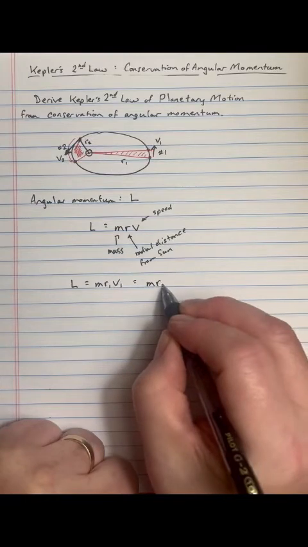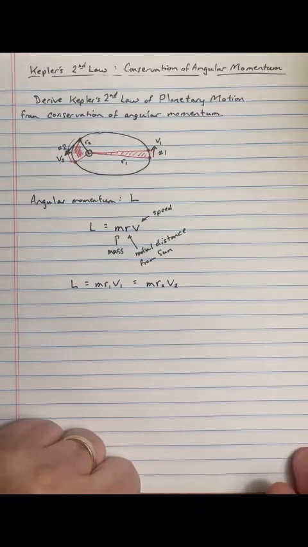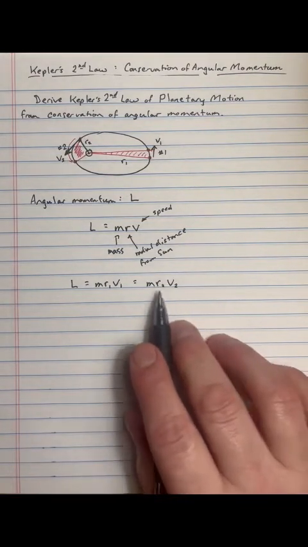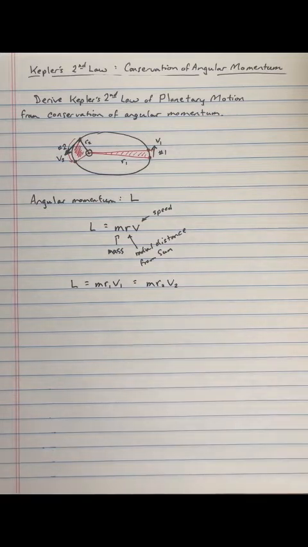And it turns out that this is kind of an interesting idea. The total, now not the individual parts, because r's and v's are changing constantly as an object is orbiting the sun, but the totals are the same. This idea is called conservation of angular momentum.